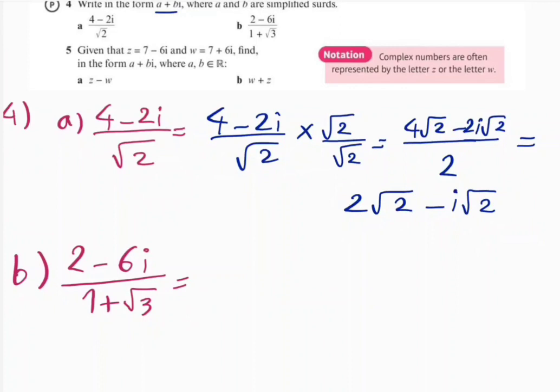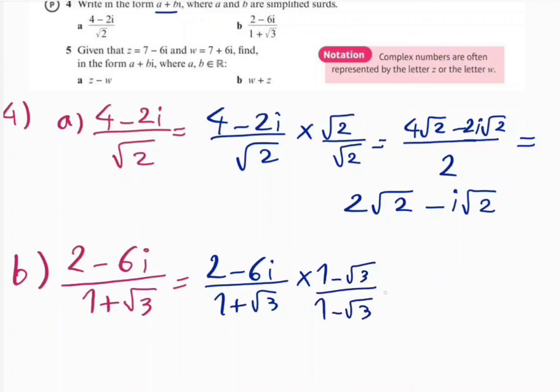B. (2 minus 6i) over (1 plus root 3). So for this one, we should multiply top and bottom by 1 minus root 3. So 1 minus root 3, 1 minus root 3.